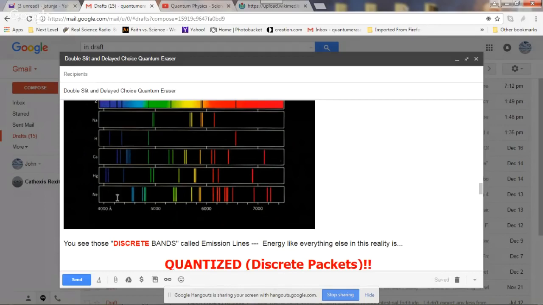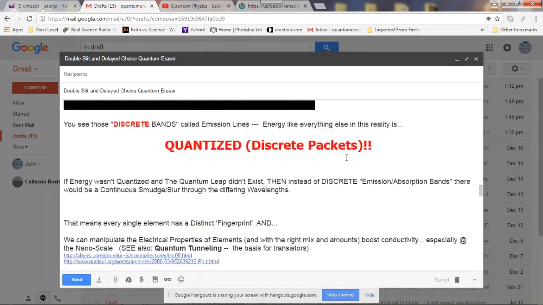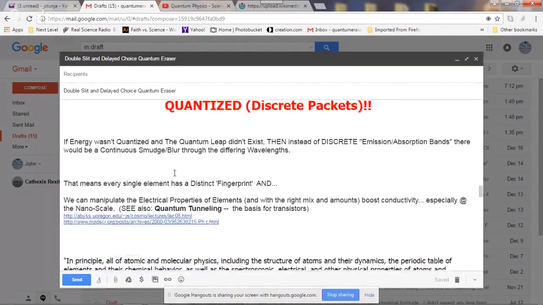Smudged and blurred. You could never tell anything. So spectroscopy really explained this. They said, oh, got it now. This makes perfect sense. And like I said, if energy wasn't quantized and the quantum leap didn't exist, then instead of discrete emission and absorption bands, there would be a continuous smudge or blur through the differing wavelengths.